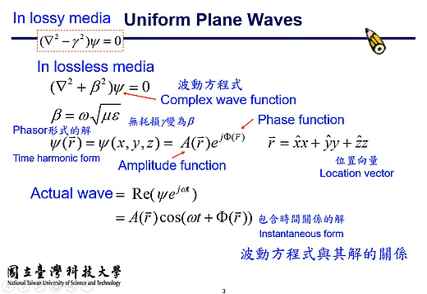Well, time is actually hidden in the so-called phasor form. For graduate students in this class, you are supposed to understand that when it comes to the representation of EM waves, we usually write the E and H fields in phasor form. Suppose we know that the field belongs to a sinusoidal signal of a specific frequency.